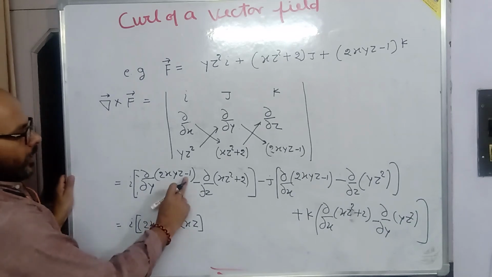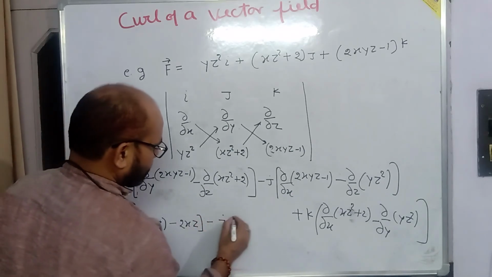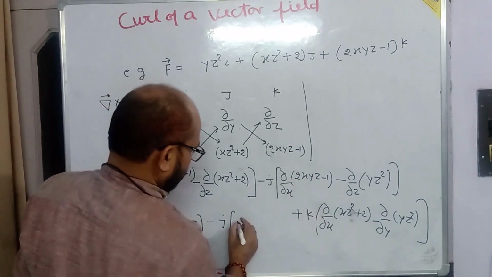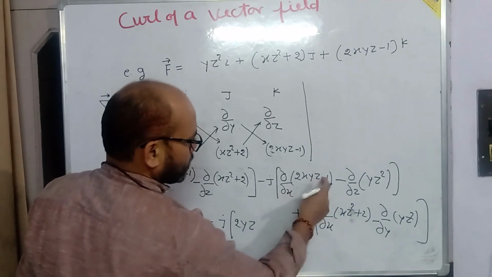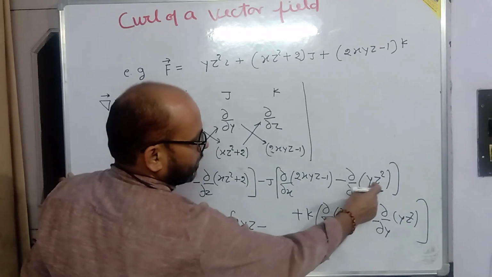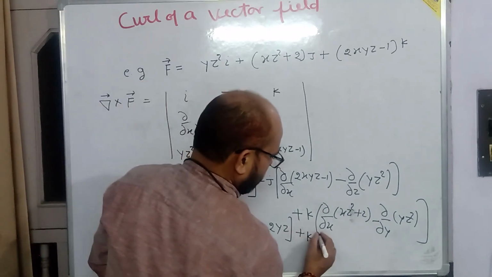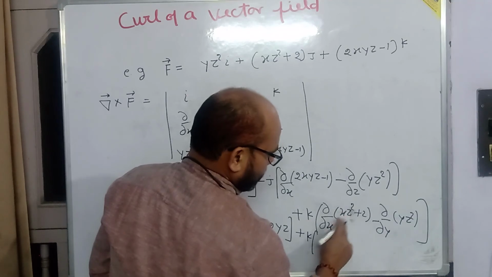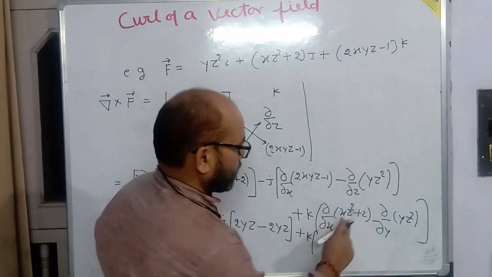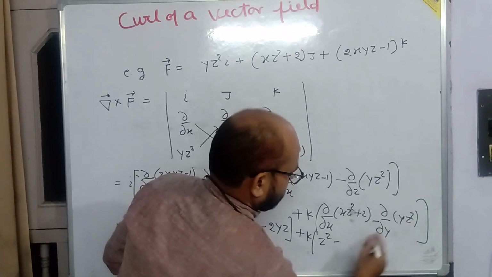For j cap, differentiating 2xyz with respect to x gives 2yz, 1 gives 0, minus 2yz. For k cap, differentiating with respect to x, z square is constant, so z square, the 2 gives 0, minus z square.